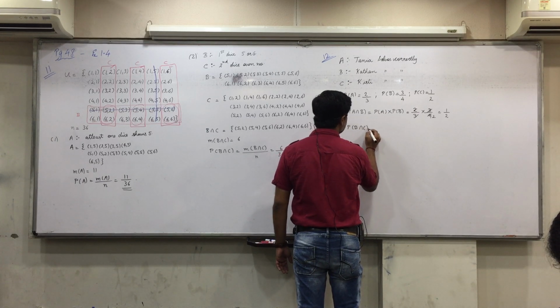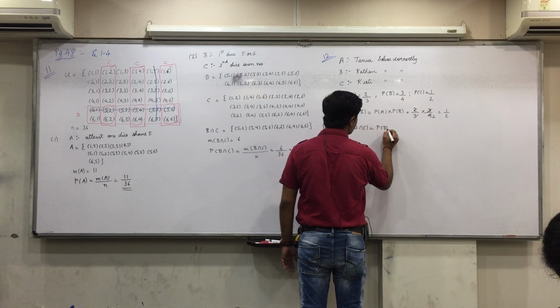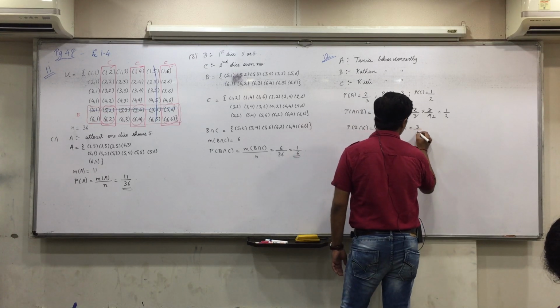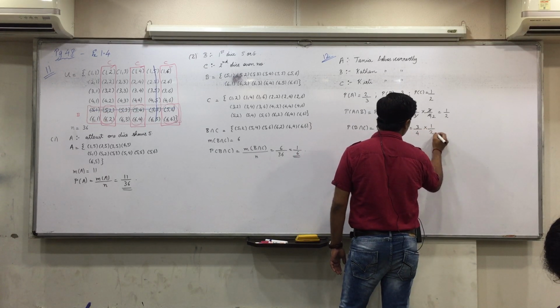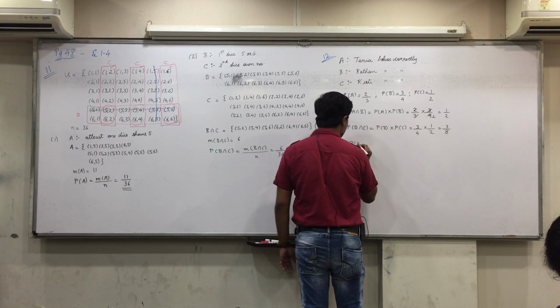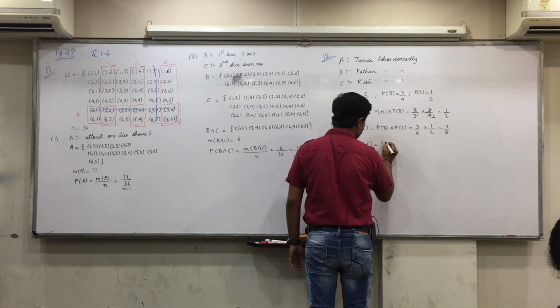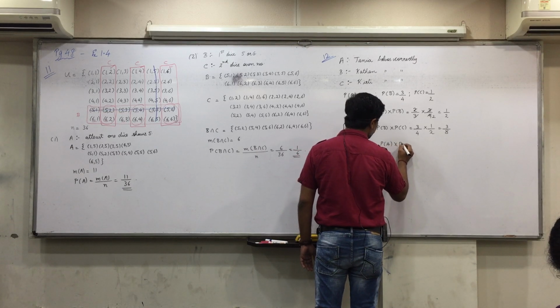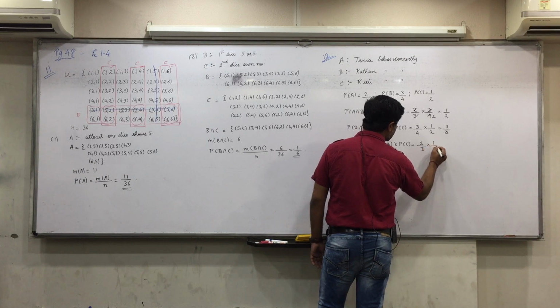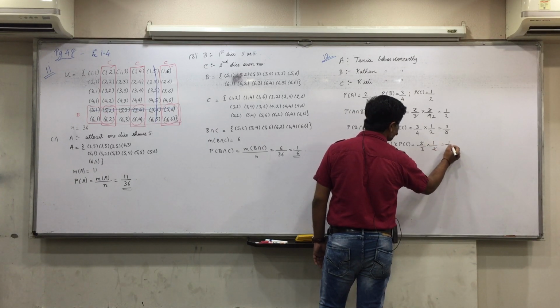P of B intersection C, how will you find? PB into PC. 3 by 4 into 1 by 2, 3 by 8. Nothing gets cancelled. P of A intersection C equals P of A into P of C. 2 by 3 into 1 by 2, 2 gets cancelled, so 1 by 3.